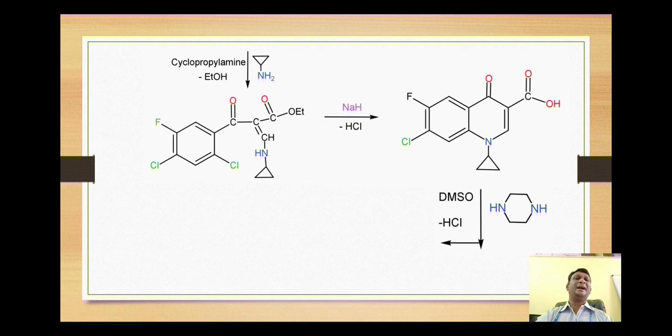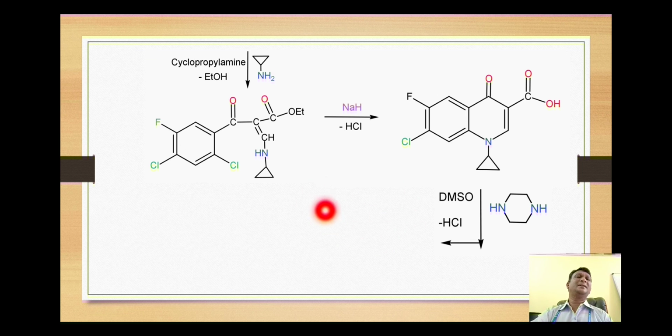This carboxylic acid derivative, this one, is then reacted with piperazine. So this amino group of piperazine attacks this carbon, which is attached with the chlorine. So here we have the nucleophilic aryl substitution reaction, that is the nucleophilic substitution reaction taking place on the aromatic ring.